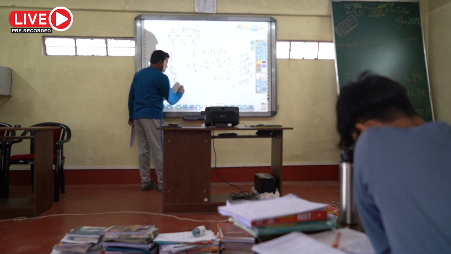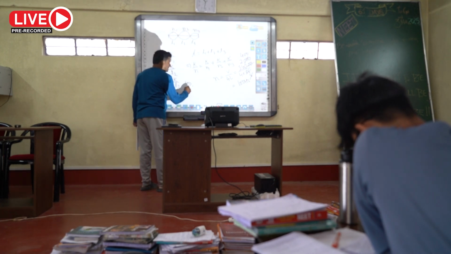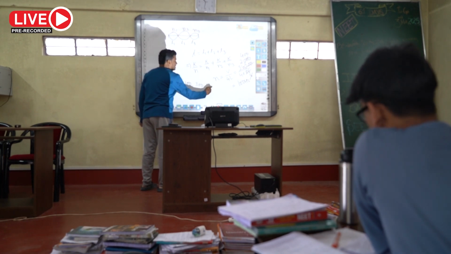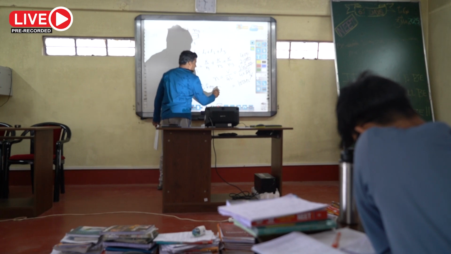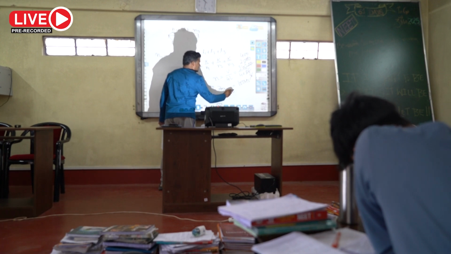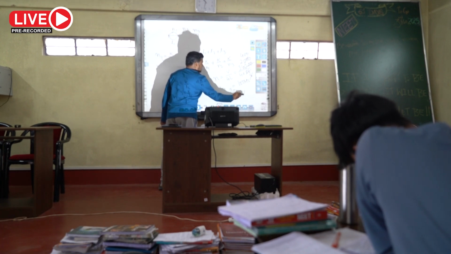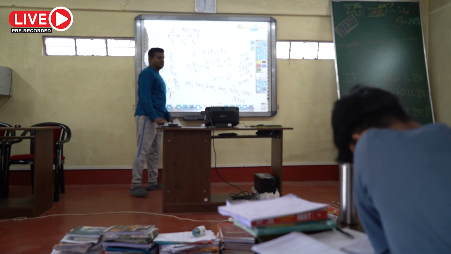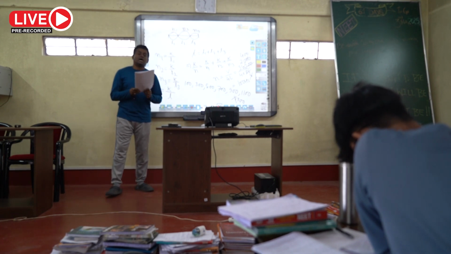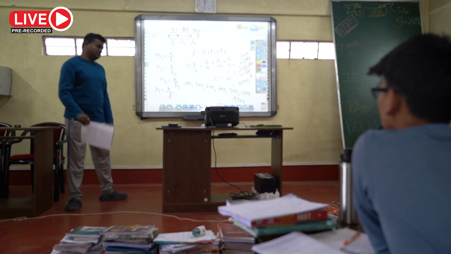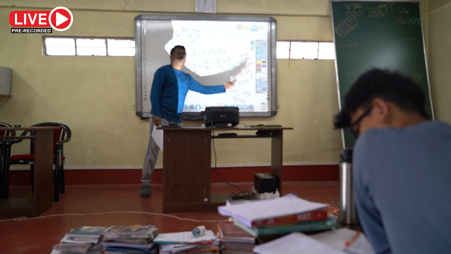Then what are present? 100, then 300, then 500, 700, then 900, 1100. Next one is 1300. Not possible, because in the question it is asked which frequencies are less than 1250. So 1, 2, 3, 4, 5, 6.